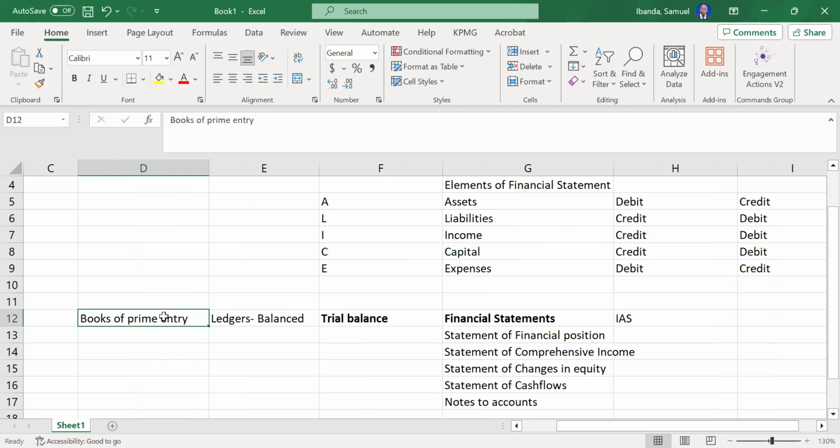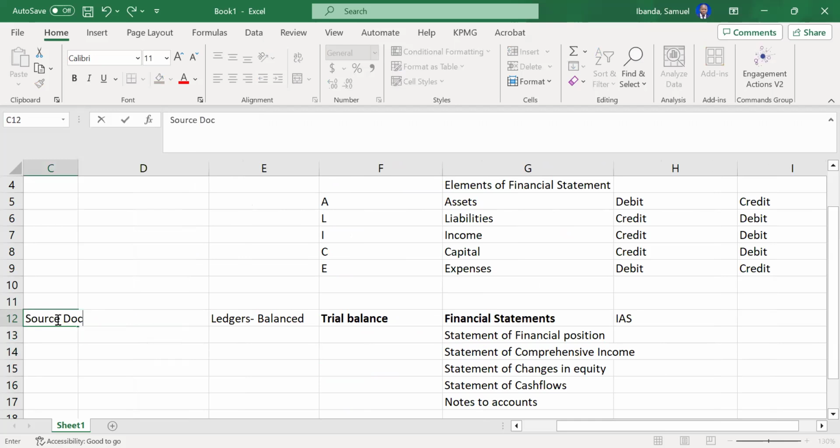And where do these pick information from? They pick them from the source documents. The source documents are things like invoices, receipts, and so on. So those documents that you deal with on a day-to-day basis, you pick information from there, transfer them to the books of prime entry, then information is transferred to the ledgers, and information is transferred to the trial balance. And then your financial statements.